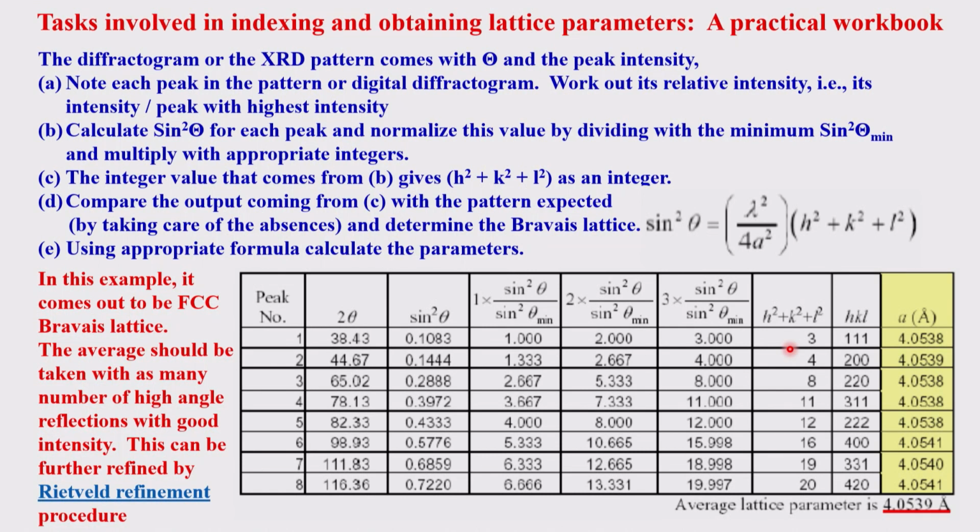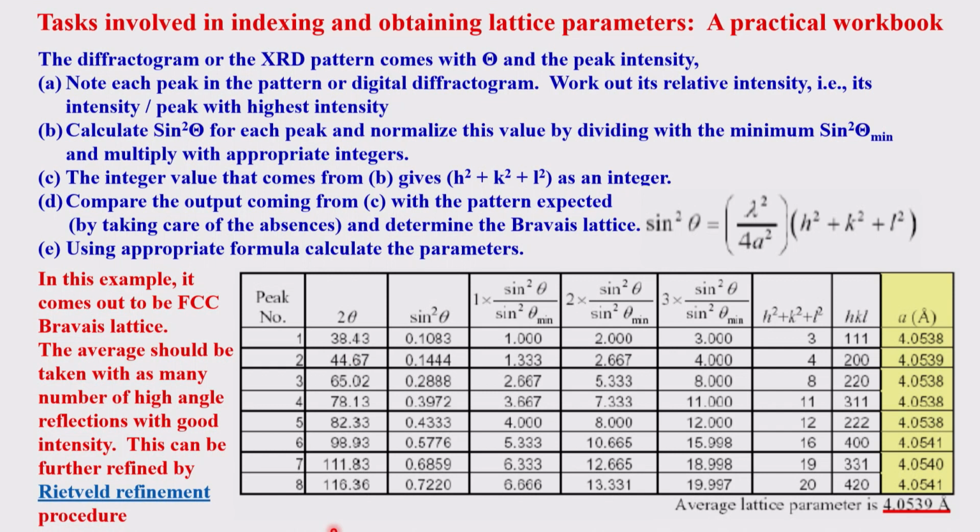And then we have looked at how to utilize the data that we get from the diffractogram or the diffraction pattern. One of the methods that we have looked at is what is shown now on this slide. Have a look at this.